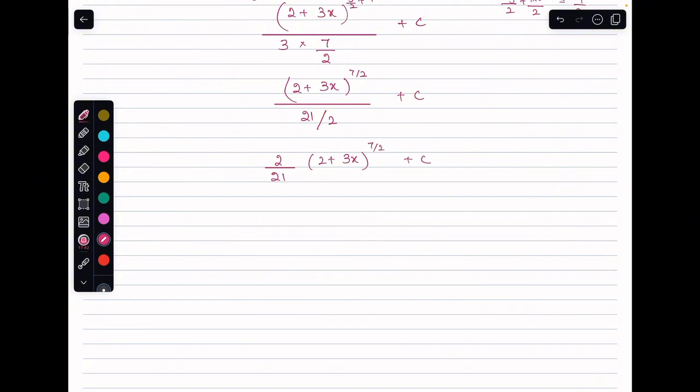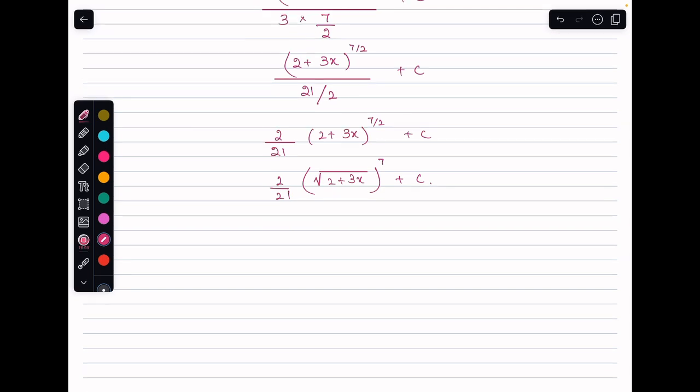Or if I want to further write it with the radical sign, then I can say that this is 2 plus 3x, and this is whole to the power 7 and plus c. So this can be the answer to this question now.